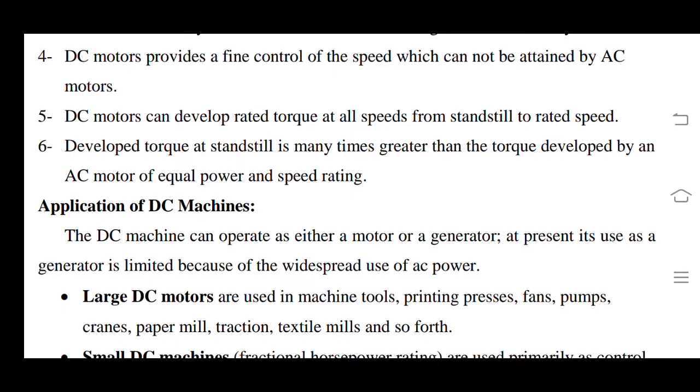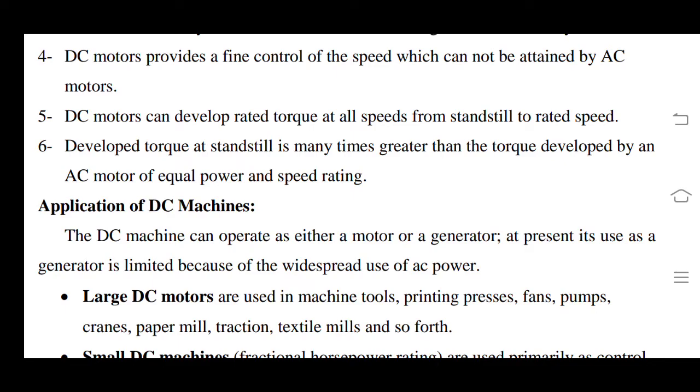the fourth point says that in an AC motor the speed controlling is not that easy because frequency is not equal to 0. Because frequency is not equal to 0, it is difficult to control the speed.